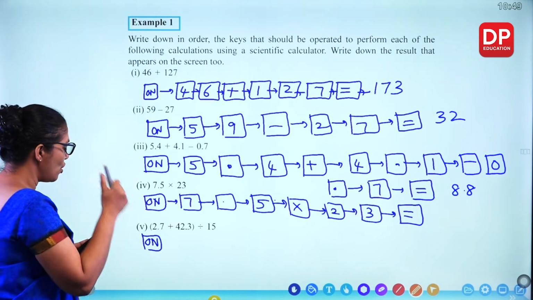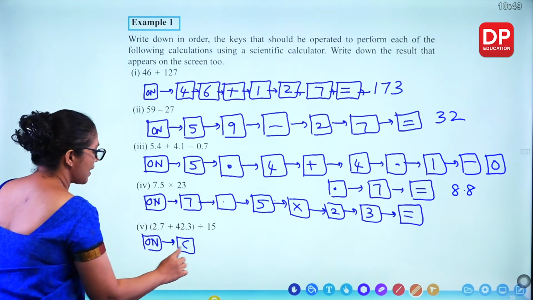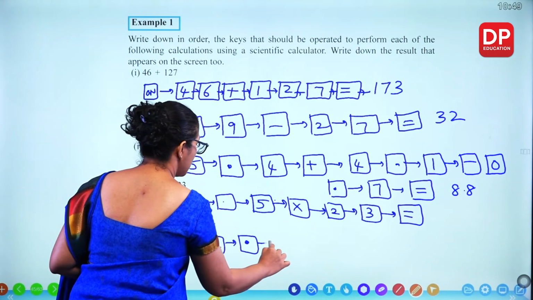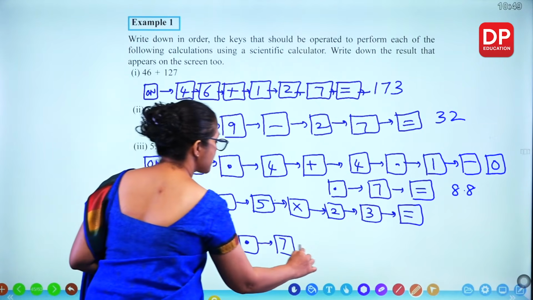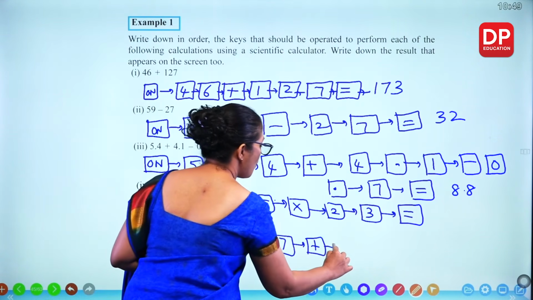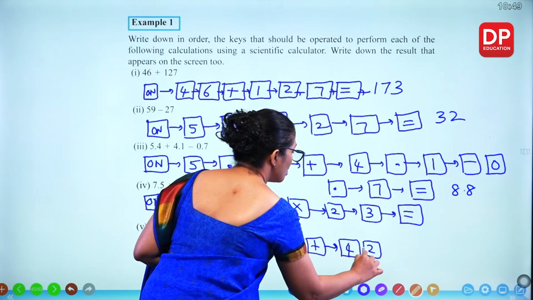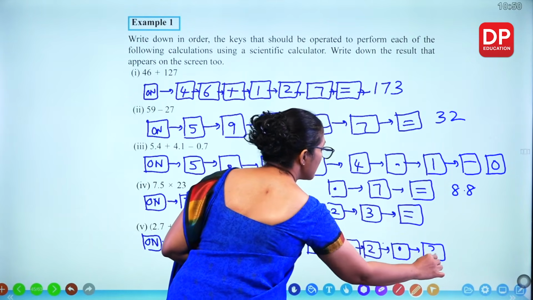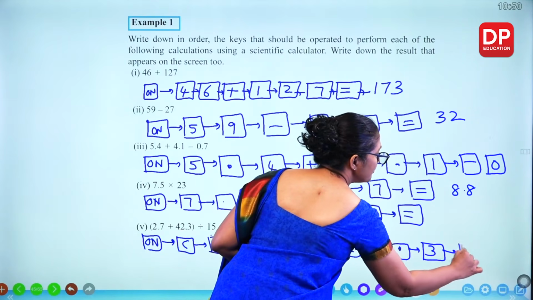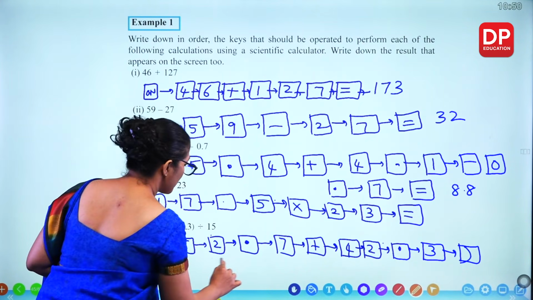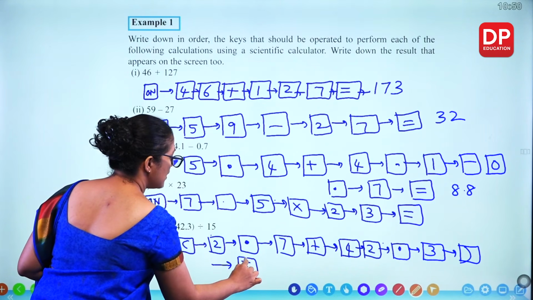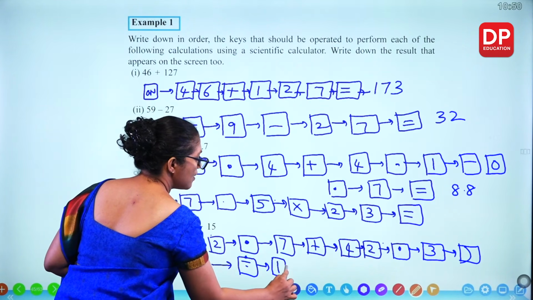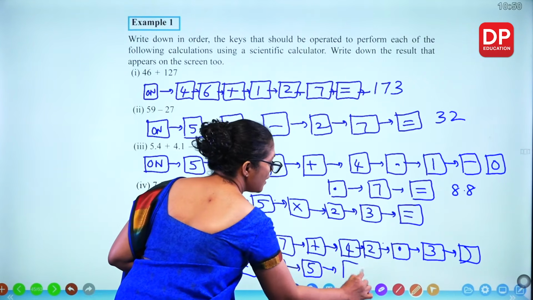There are brackets, so you have to open a bracket and then type 2.7 plus 42.3, then close the bracket, and then the division sign, and then 1 and 5, then the equal sign to get the answer.